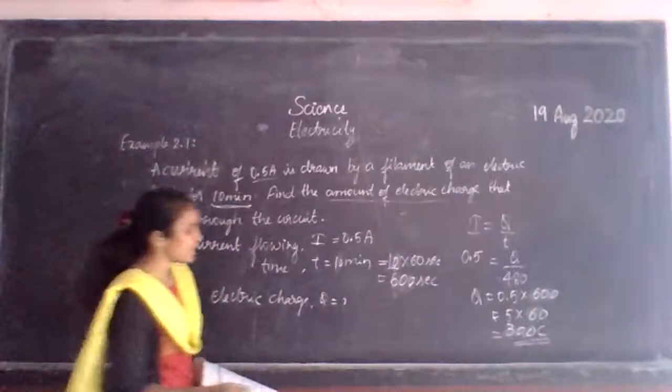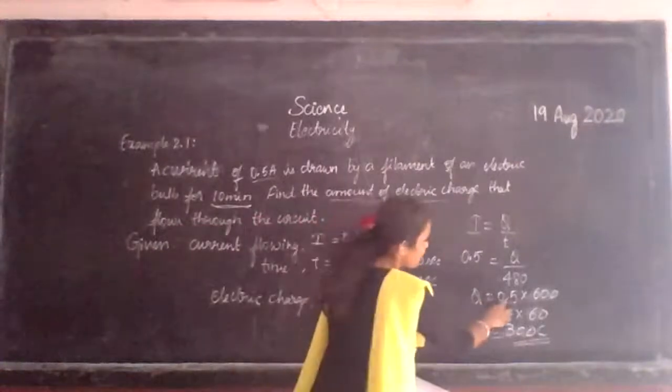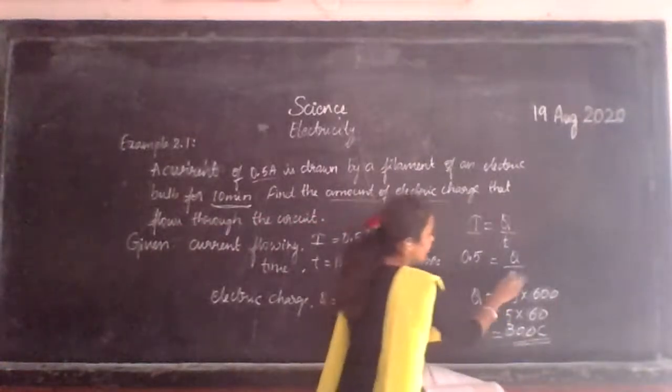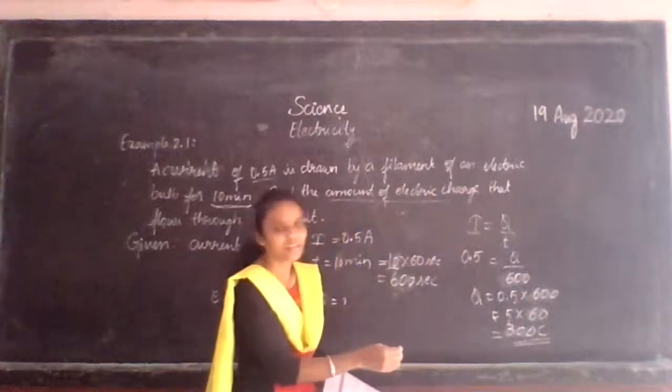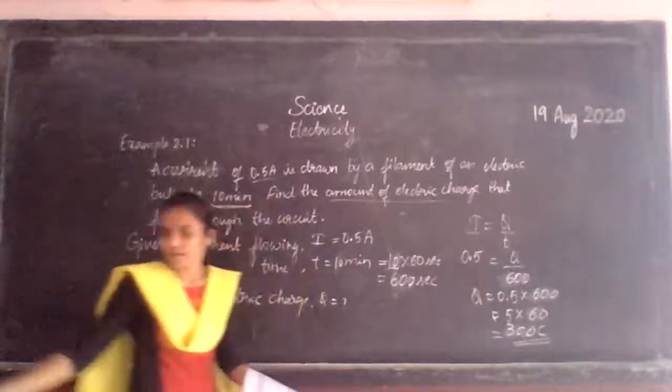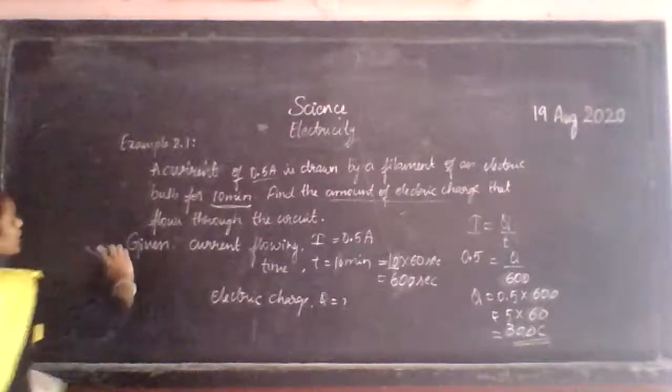I wrongly wrote it as 8. So 10 into 60 is 600. Then for 0.5 in the place of I and t as 600, 0.5 into 600 is 300 coulomb. So this is the answer for your example 2.1.